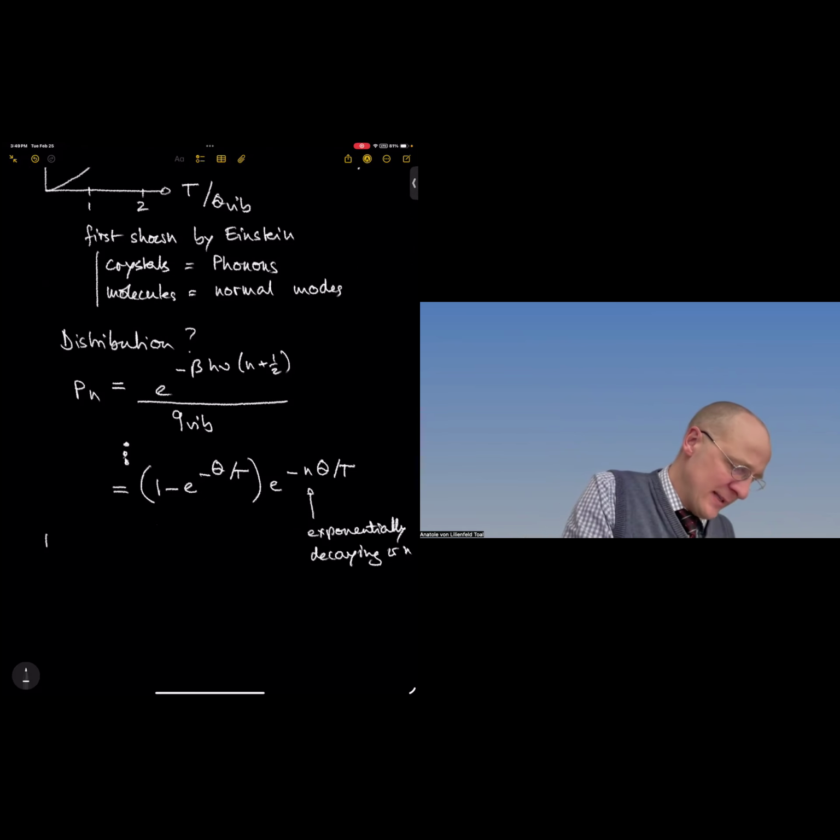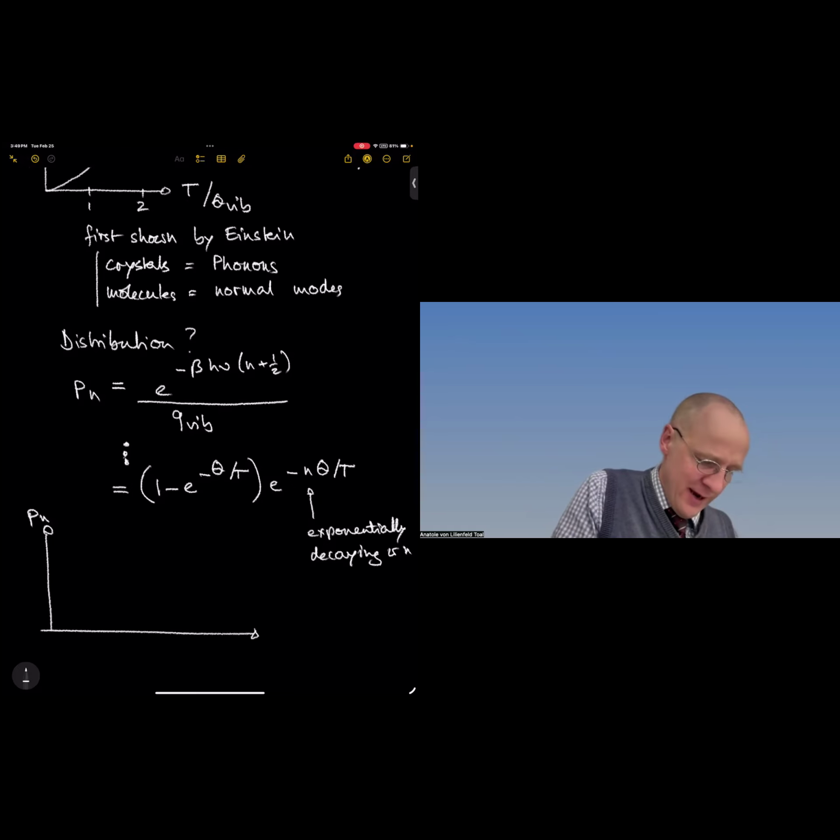And so, as you would expect, if I plot this P_n as a function of n, I start at 0, 1, 2, 3, and here's my probability between 0 and 1, 0.5.